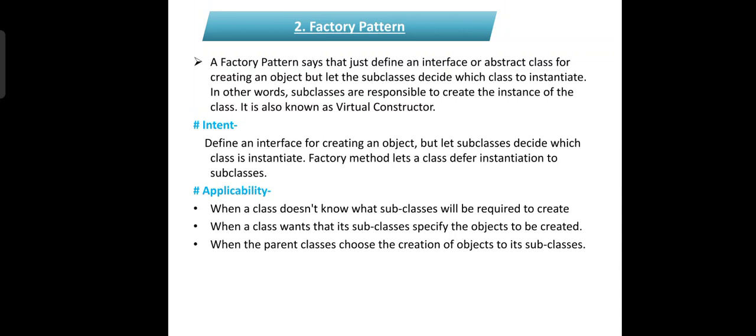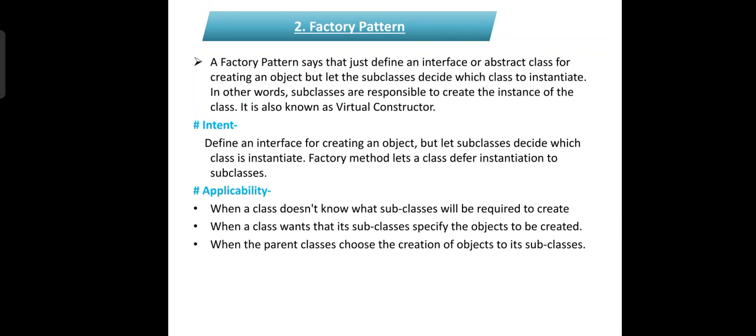What is the intention of this factory method? It defines an interface for creating an object, but let the subclasses decide which class to instantiate. Factory method lets a class defer instantiation to subclasses. What is the applicability of this pattern? First, when a class doesn't know the class of object it must create.